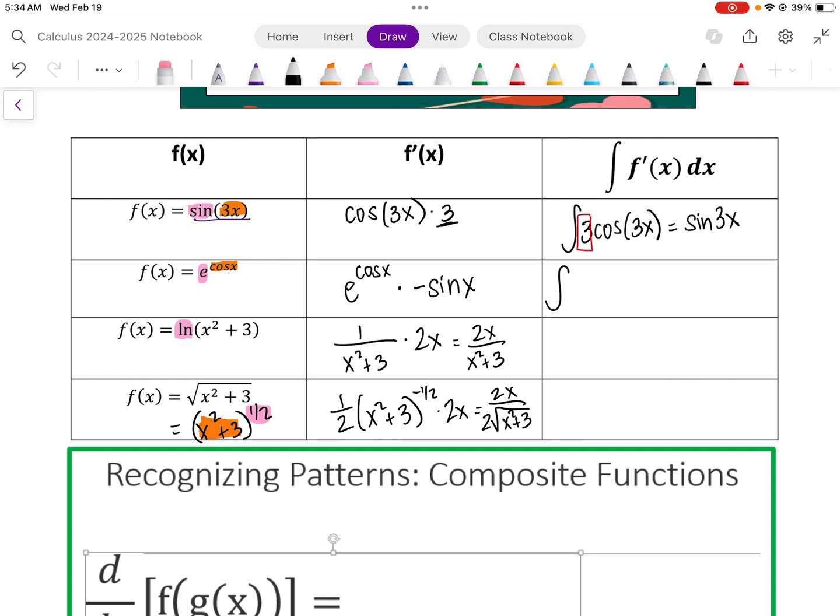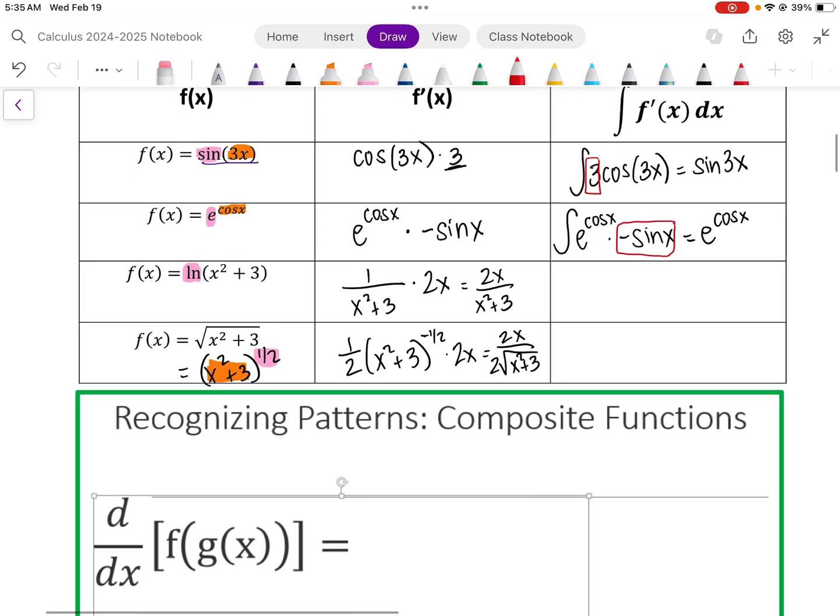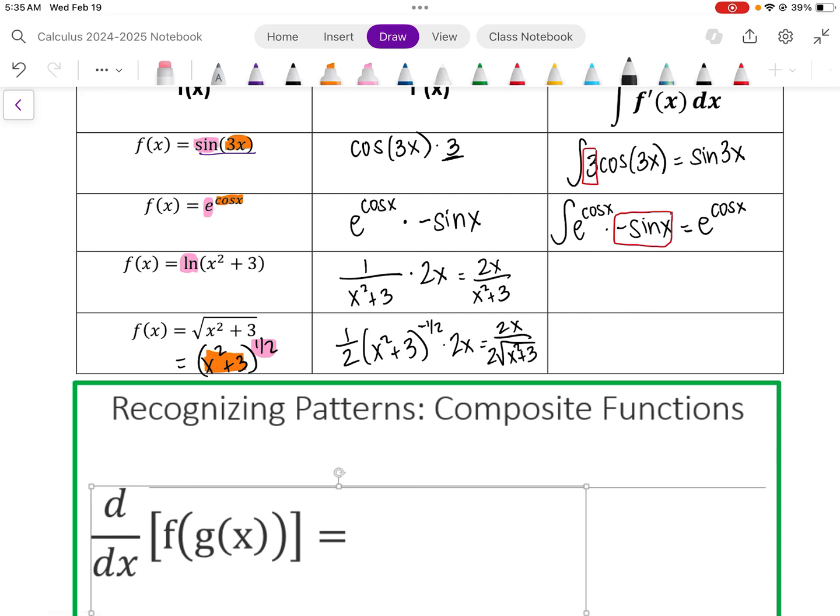If you take the integral of e to the cosine x times negative sine x, that's just going to be your original function, e to the cosine x. So again, this term right here drops out altogether. It's not even a part of our answer. Same goes for the third one.